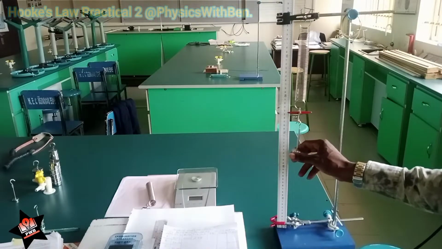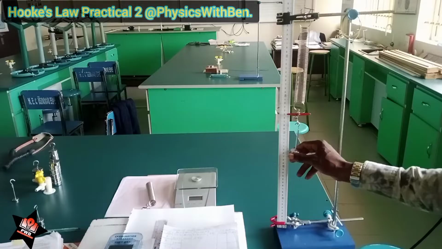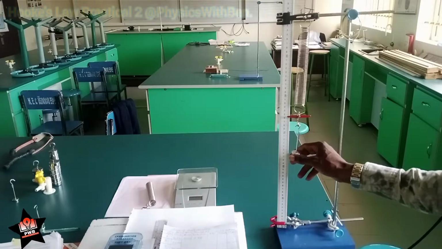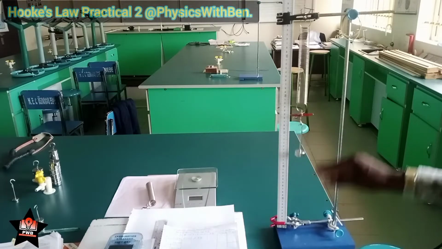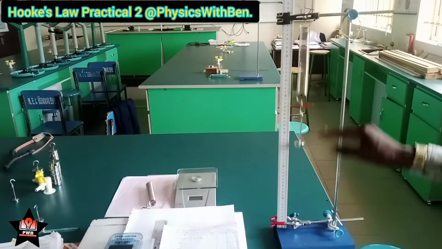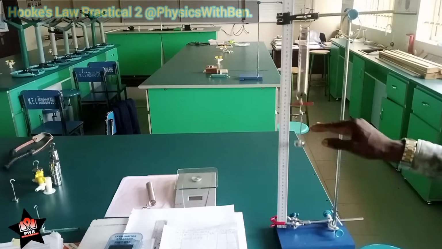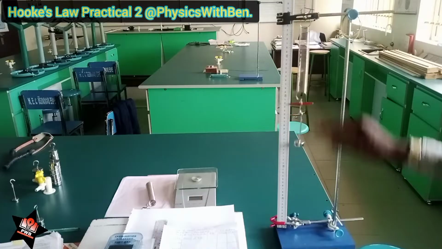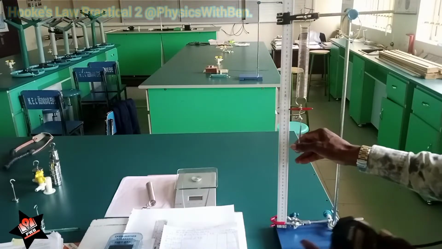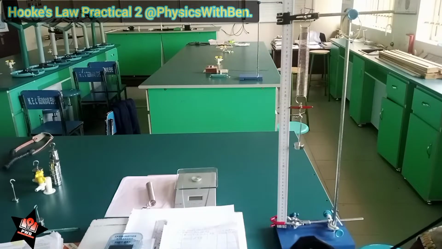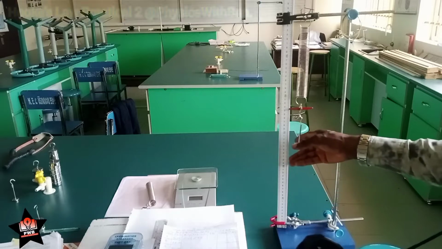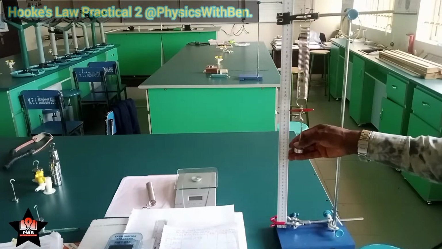Are we good to go? Gently, not too high. 1, 2, 3, 4, 5, 6, 7, 8, 9, 10, 11, 12, 13, 14, 15, 16, 17, 18, 19, 20. I got 6 seconds.